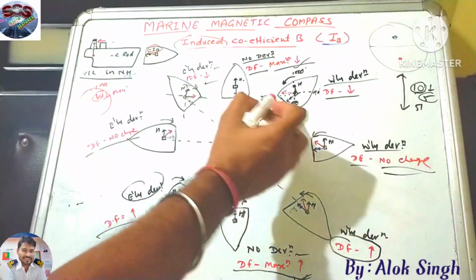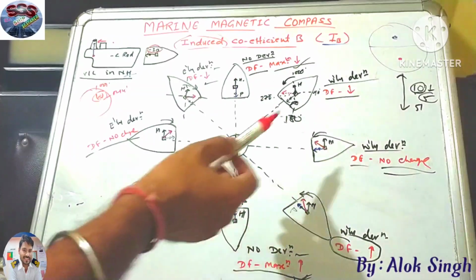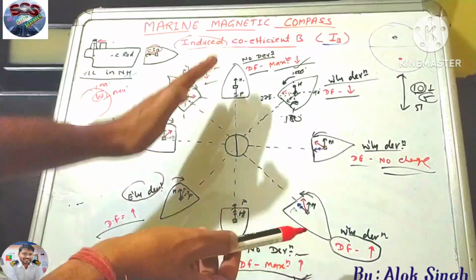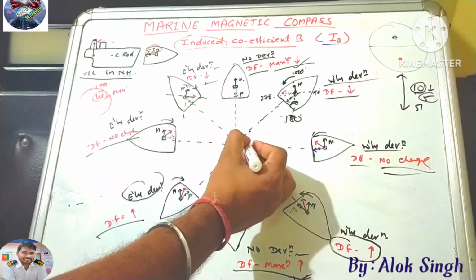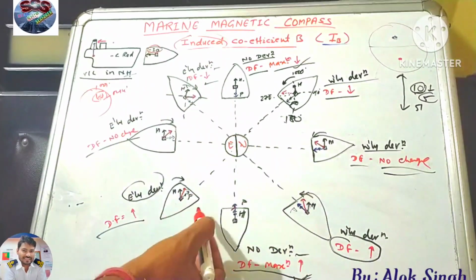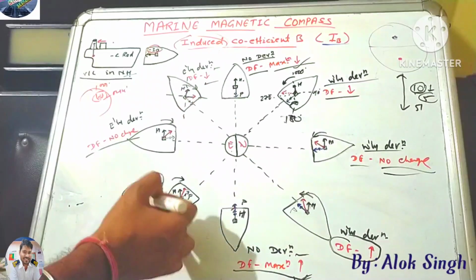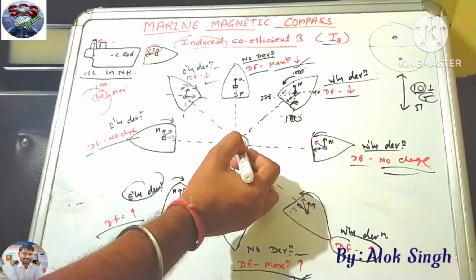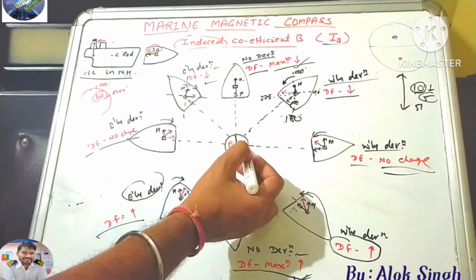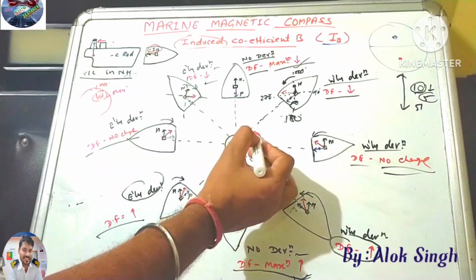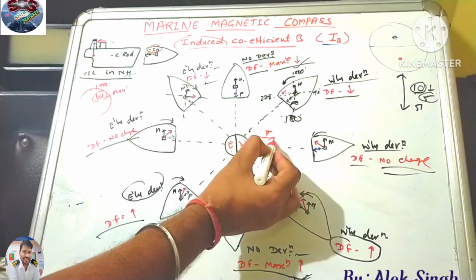Now you see here, if we go from here to here, the deviation is westerly, westerly, westerly, and here on the cardinal mark, no deviation. So this is west and this is east. You can see here the whole 180 degrees, everywhere it is easterly. That's why I told you, west. If it is west here from 001 degree till 044 degree, this also tells you that it is minus IB.